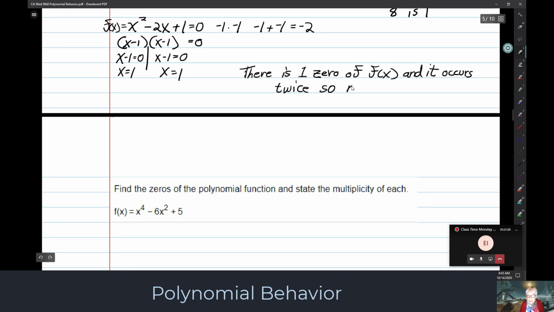So the multiplicity is 2. So you can have multiplicities of 2, 3, 4, 6, 7, 10 million.